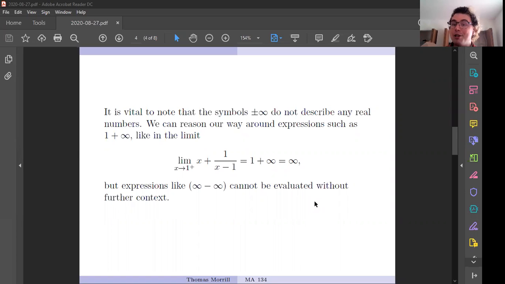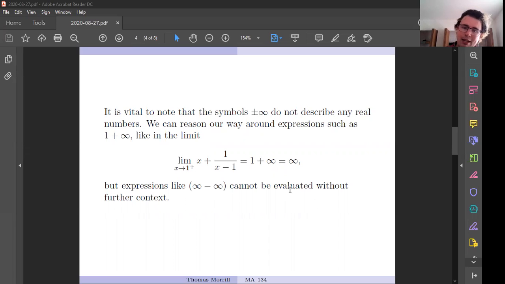They are useful, but a lot of the kinds of algebra that we would like to do, well, some of it works for plus and minus infinity, but a lot of it actually doesn't. And we can get into some wrong answers very easily if we're not careful about it.